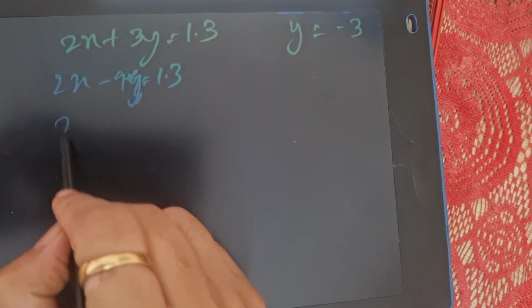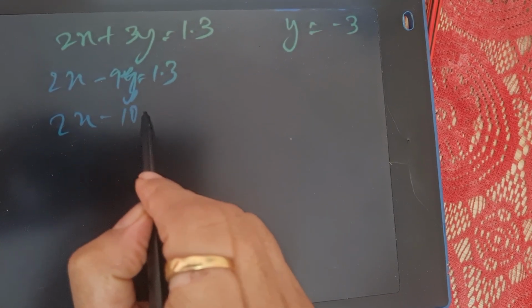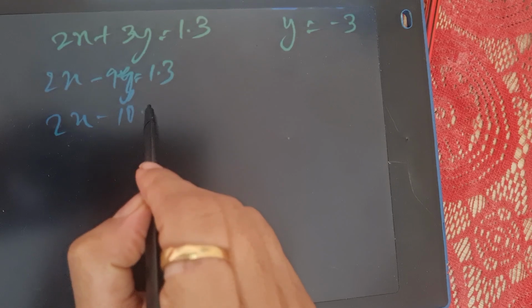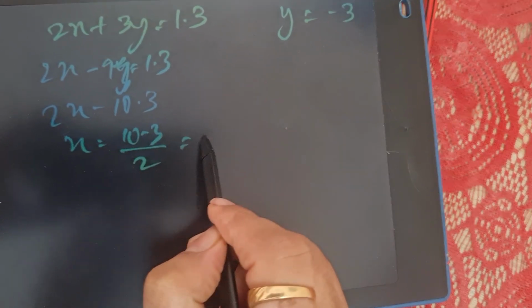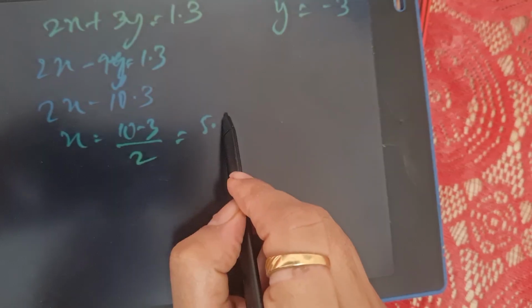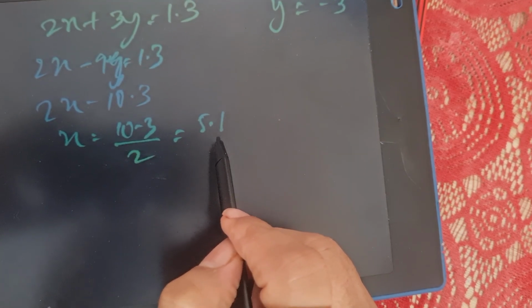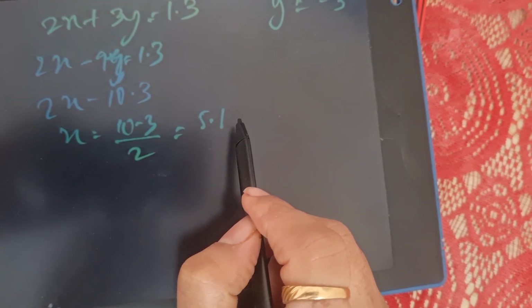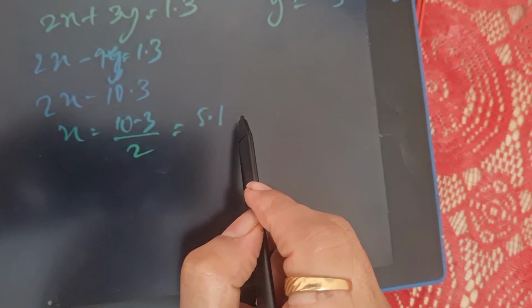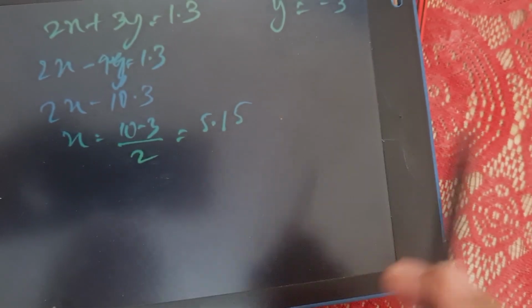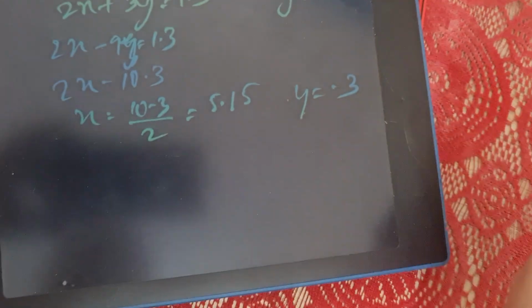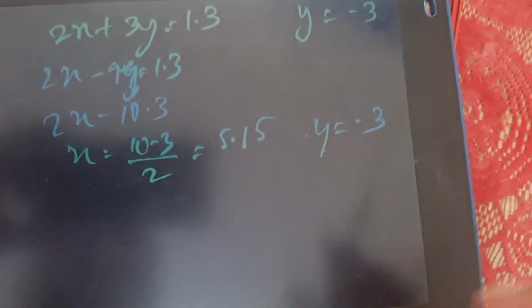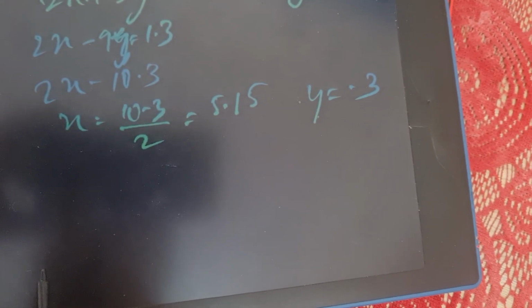So 2x is equal to 22, x is equal to 11. So x is 11 while y is minus 3. These are the values. Now going to the fifth part.